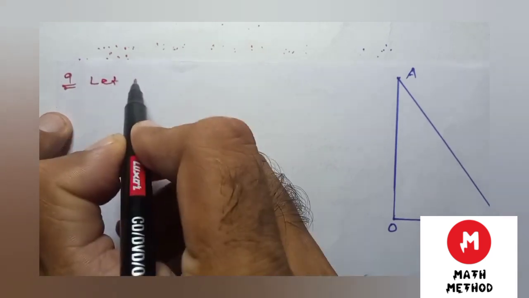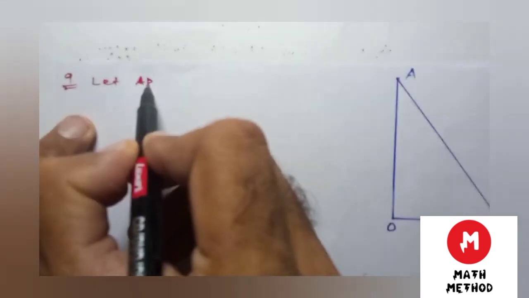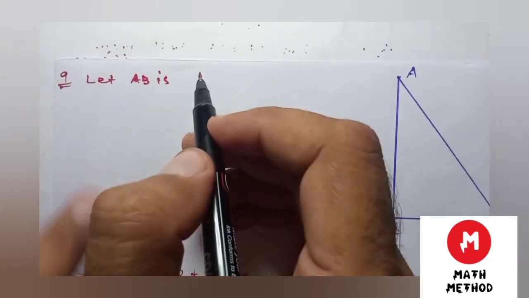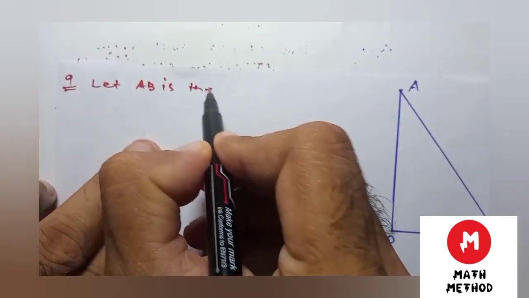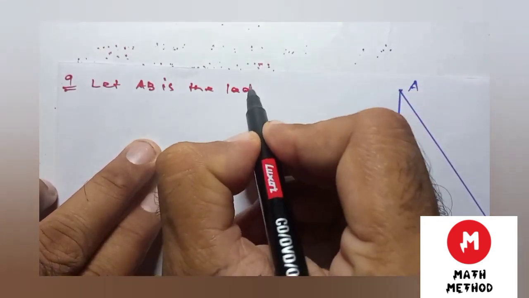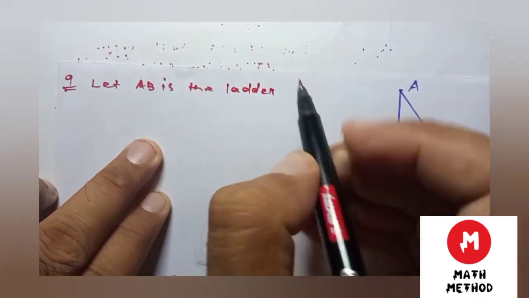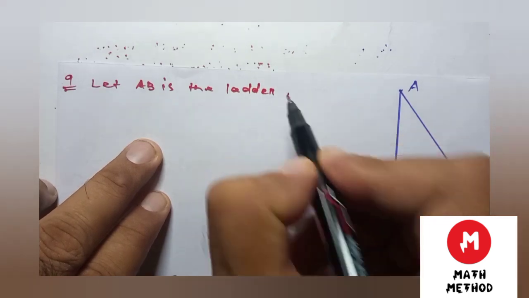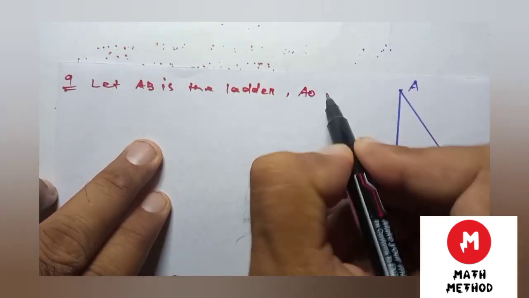Let AB is our ladder, and AO is the wall.